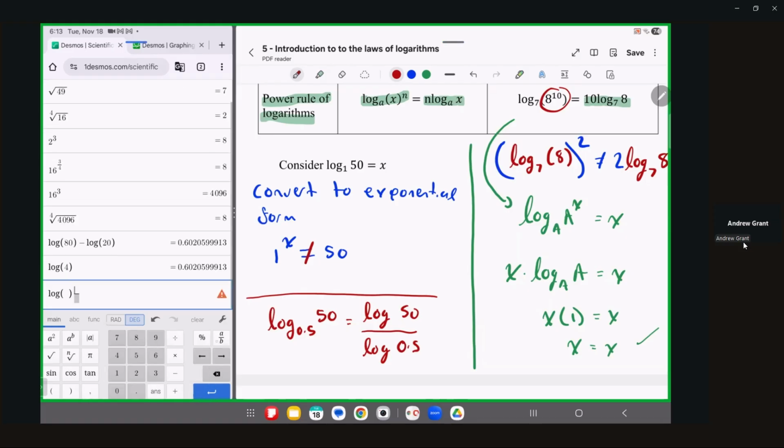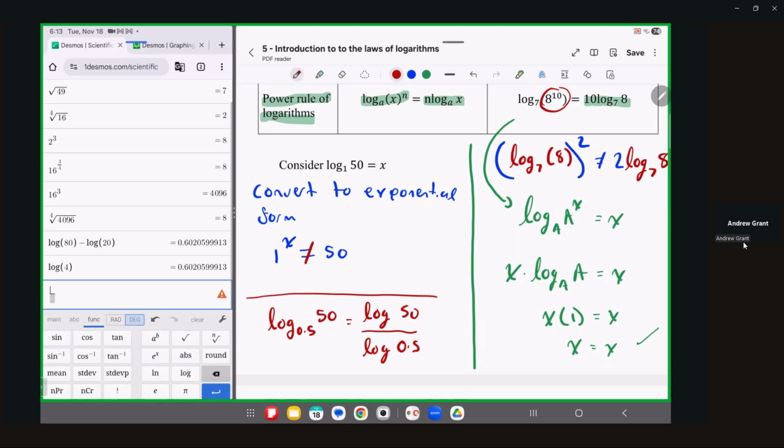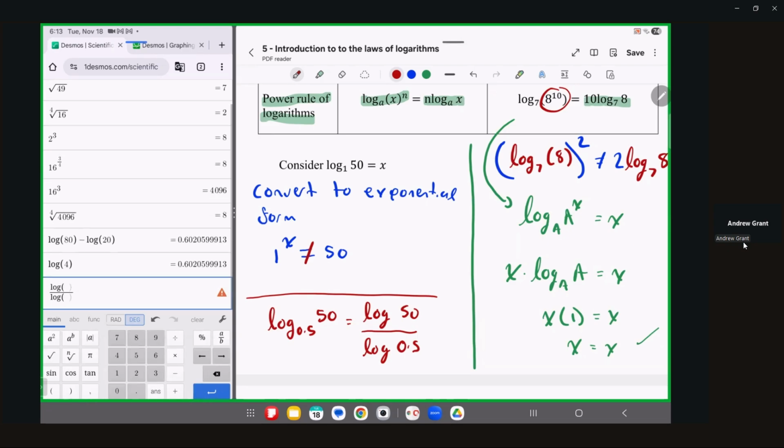Let's get our log calculator in here. So log 50, and here you can see we end up with some negative number. So there's nothing wrong with numbers between 0 and 1, and from 1 to infinity. The issue was specifically at 1.